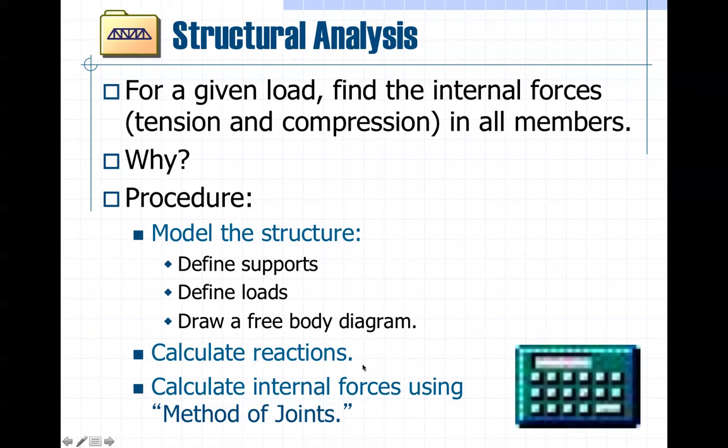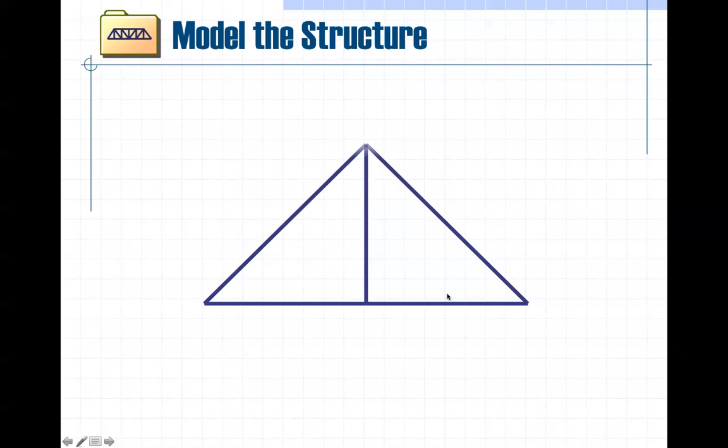We'll calculate the reactions, and then we'll use the method of joints to find the internal forces. Just like you'll be doing in homework, like we did in class, and if you watch the other videos up on Blackboard, I've gone through this process quite a few times.